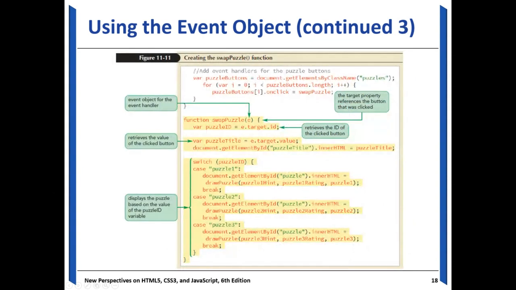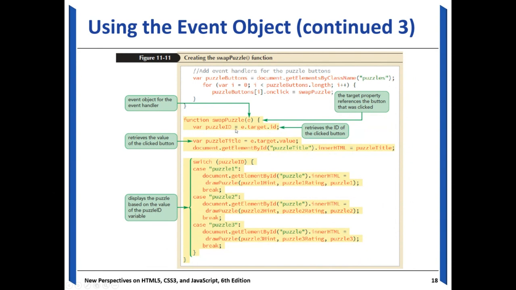Let's see an example of the code using the event object. So here we have the function swapPuzzle(e). This is the event object for the event handler. The target property is going to reference the button that was clicked.